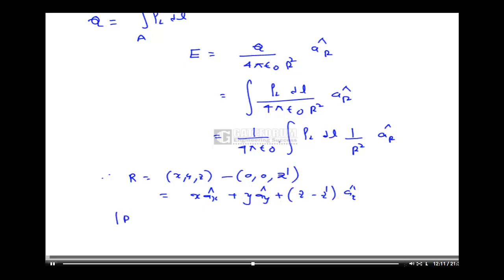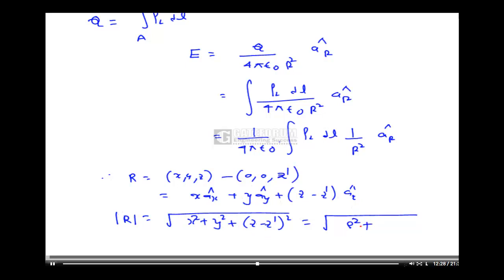So modulus of r is equal to square root of x square plus y square plus z minus z dash whole square, that is equal to square root of rho square, where x square plus y square I can keep as rho square, plus z minus z dash whole square.